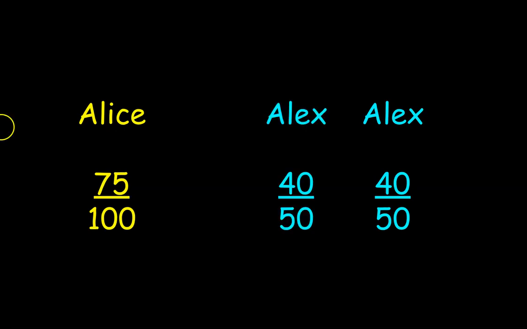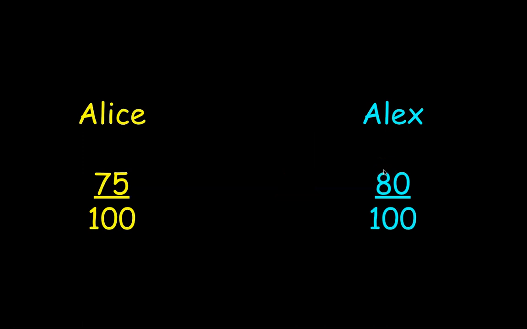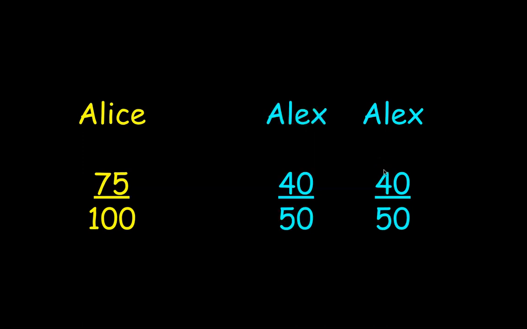And so what I'm going to do is pretend that Alex wrote 2 quizzes and got the same score for each. Now, can you see how many questions Alex has answered? Well, there were 50 there, 50 there, so there were 100. And she got 40 correct there and 40 correct there, which means she got a total of 80 questions out of 100 correct.